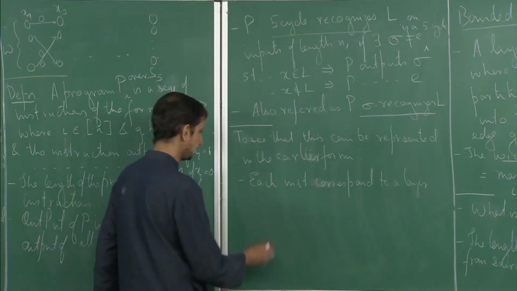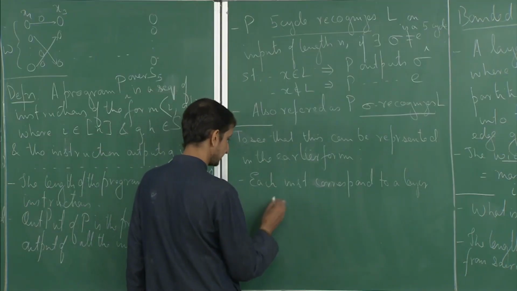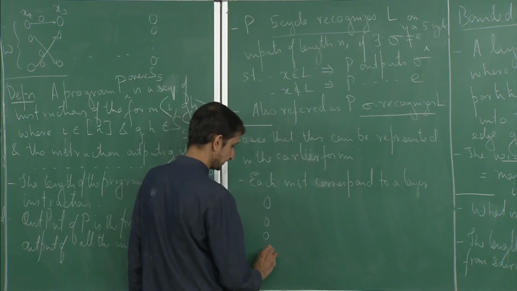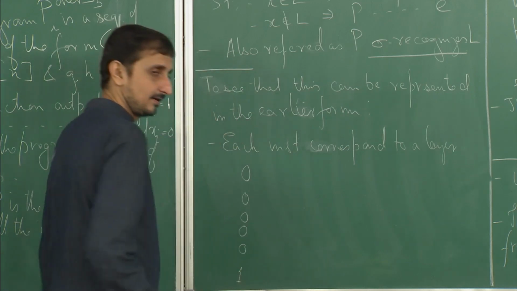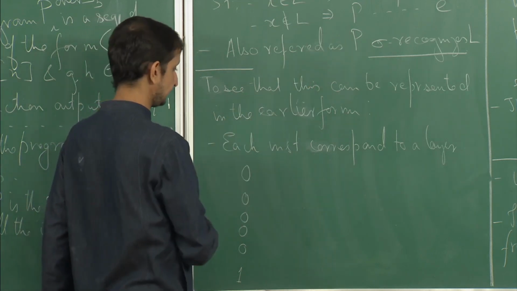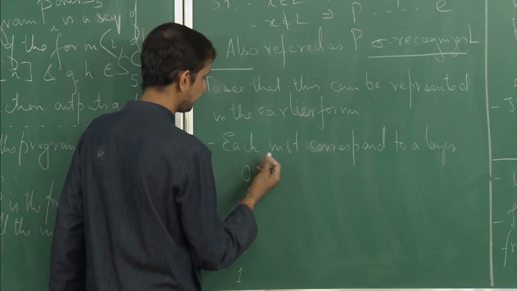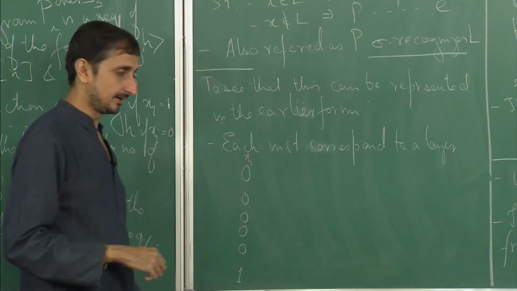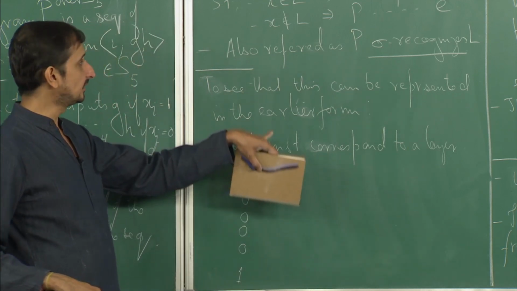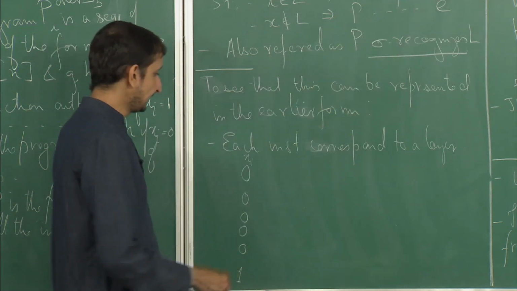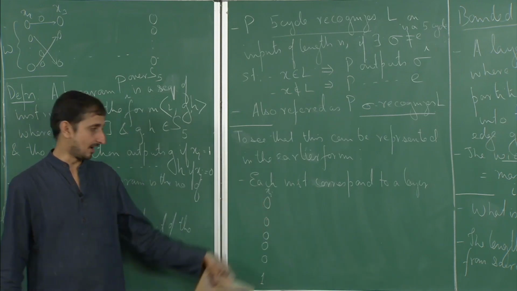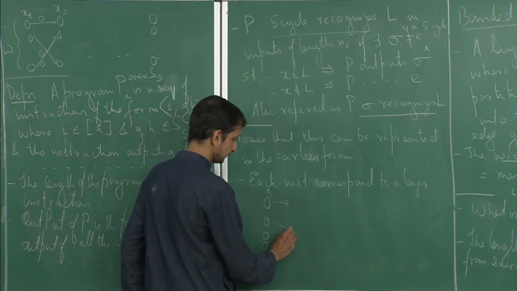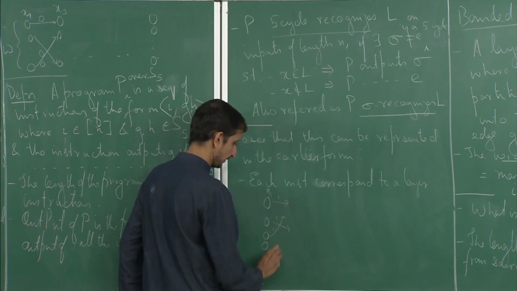For example, the first instruction would correspond to the first layer, let us say layer 1. Whatever variable is there in the first instruction, I will have that same xi over here, and whatever is the permutation g, that would correspond to all the outgoing edges that are marked by 1.